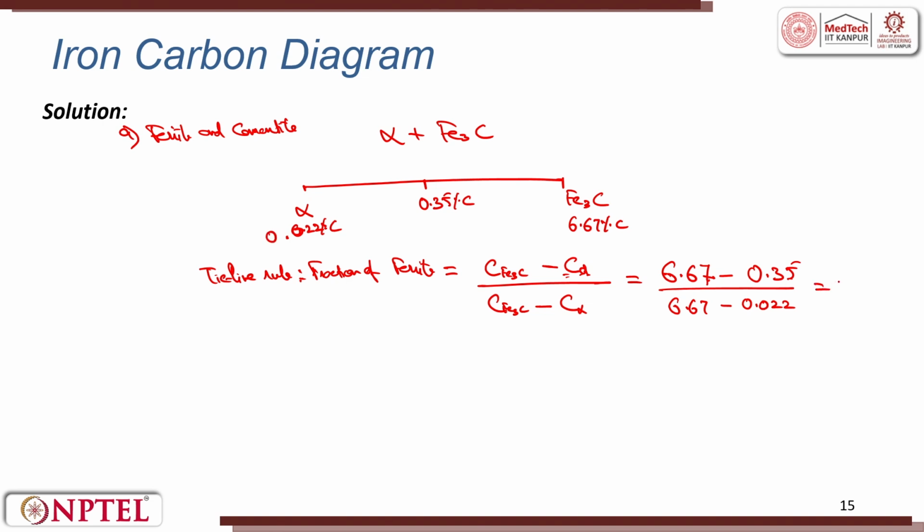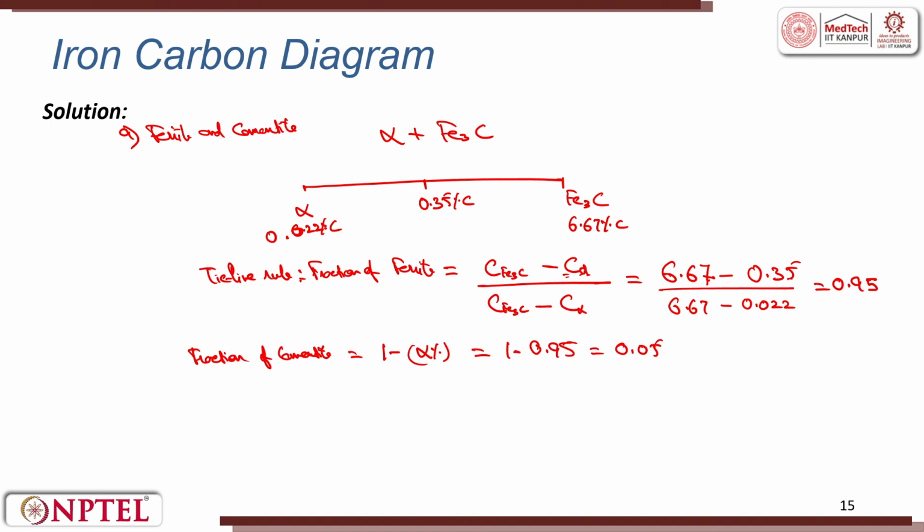So, this is equal to 0.95. This is the fraction of ferrite. Now, it is also asking for the fraction of cementite. The fraction of cementite would be 1 minus the fraction of ferrite, which is 1 minus 0.95, that is equal to 0.05.